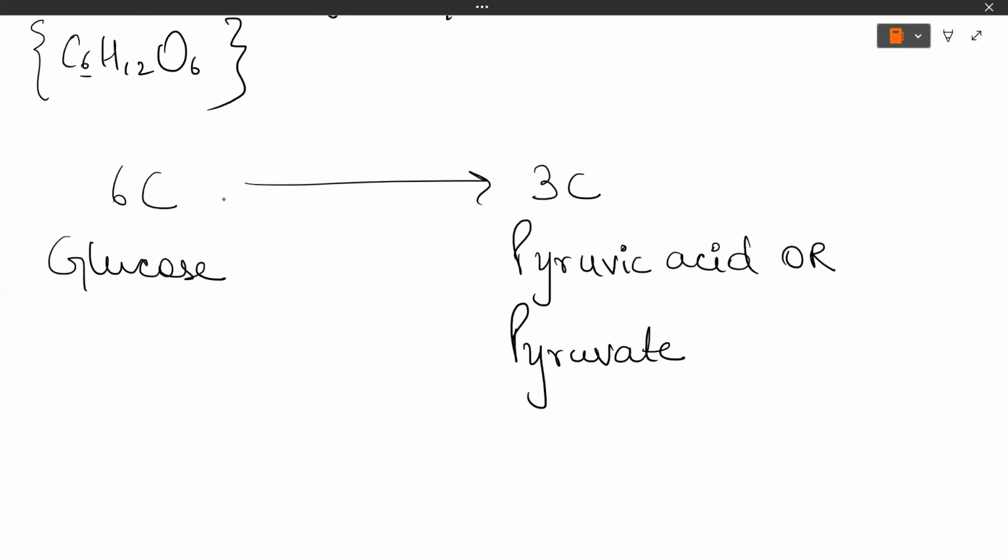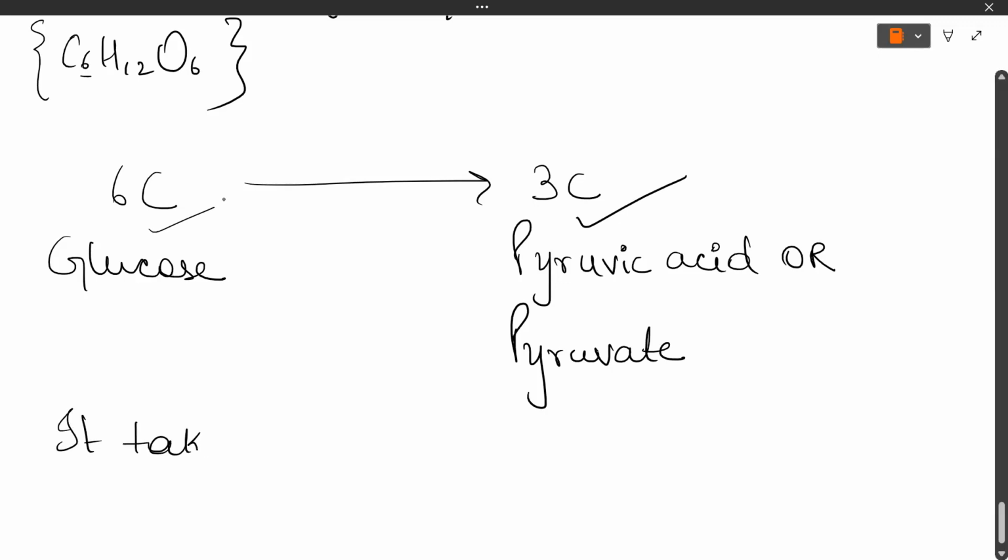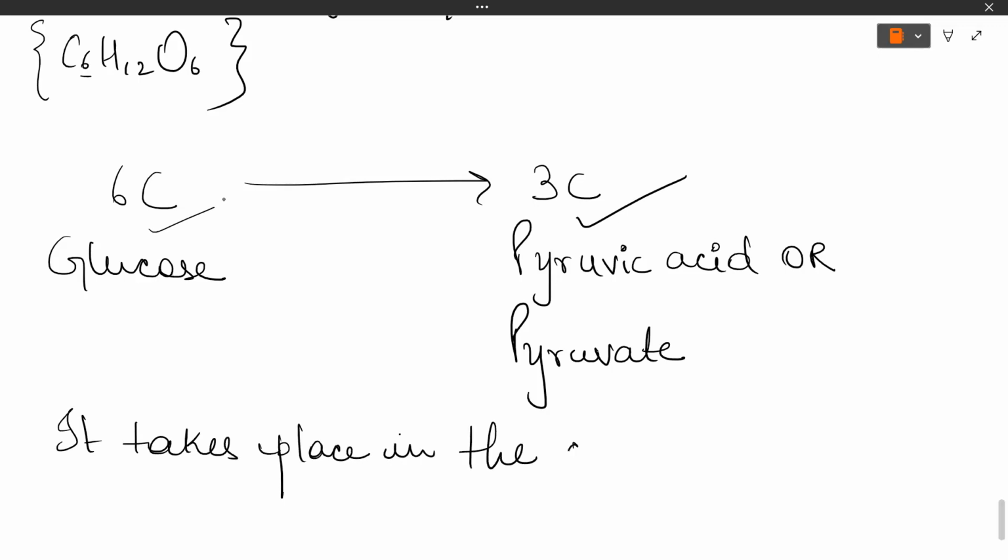So during this process, wherein the 6-carbon molecule gets converted into a 3-carbon molecule, this is a very high energy yielding process.